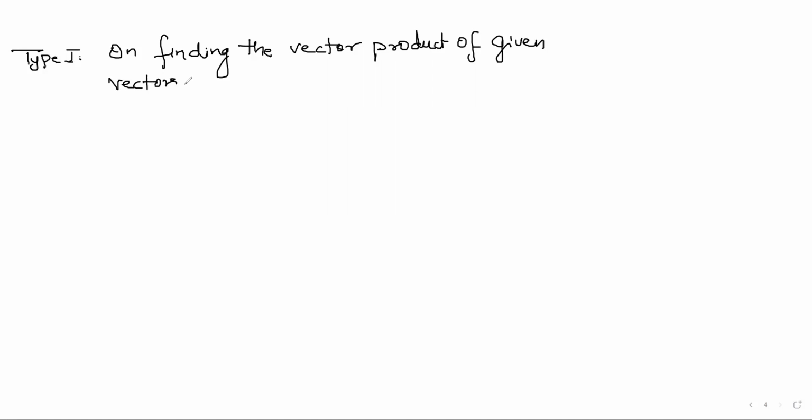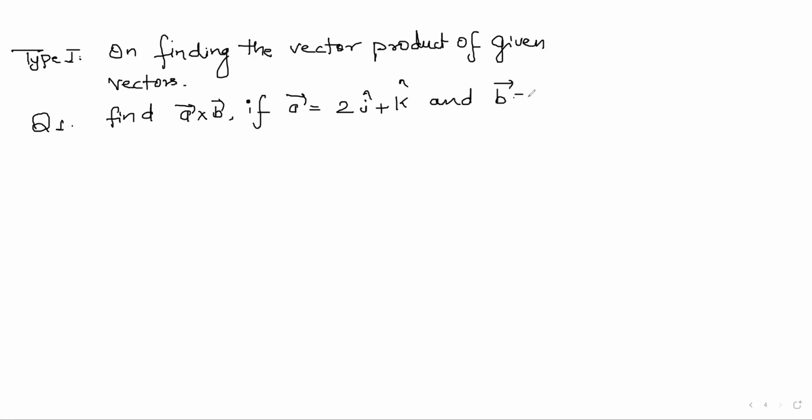So question 1 is: find A cross B if vector A is equal to 2 i cap plus k cap and vector B is equal to i cap plus j cap plus k cap.